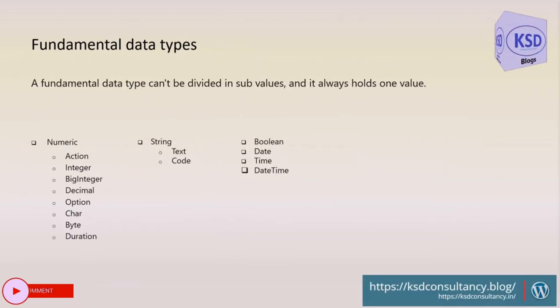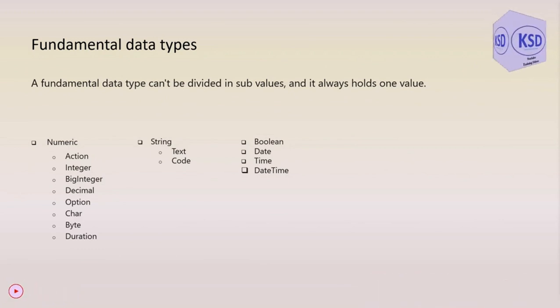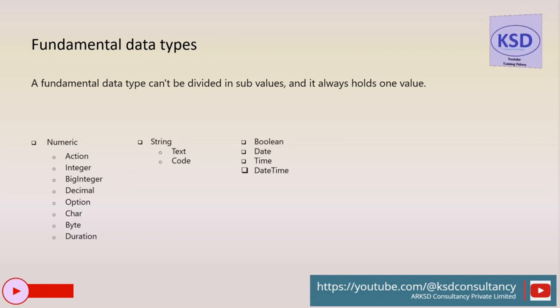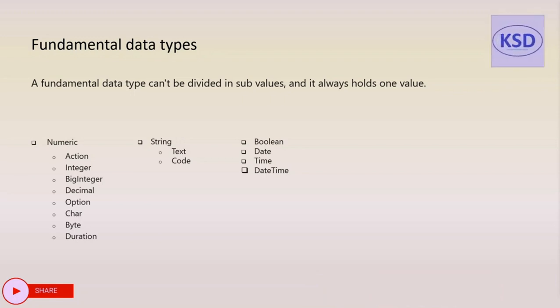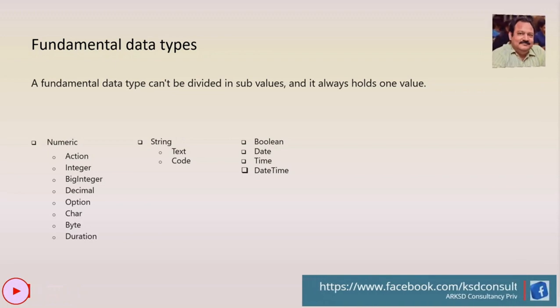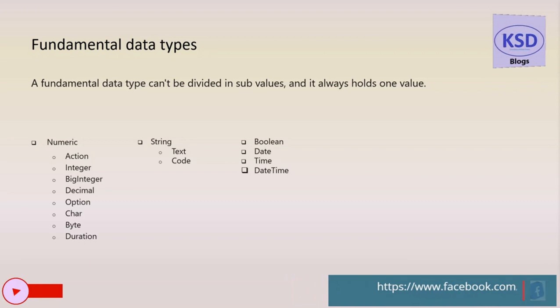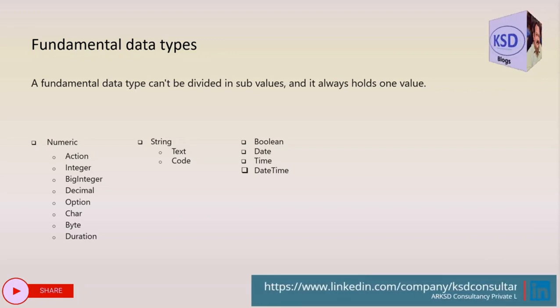Your fundamental data types cannot be divided into sub-values, and each always holds one value. For example, if you are defining a numeric variable, for numeric operations, what data types are available to you? That is action, integer, big integer, decimal, option, char, byte, and duration.